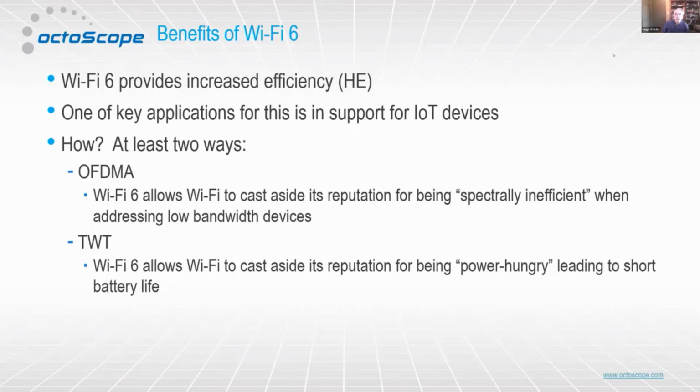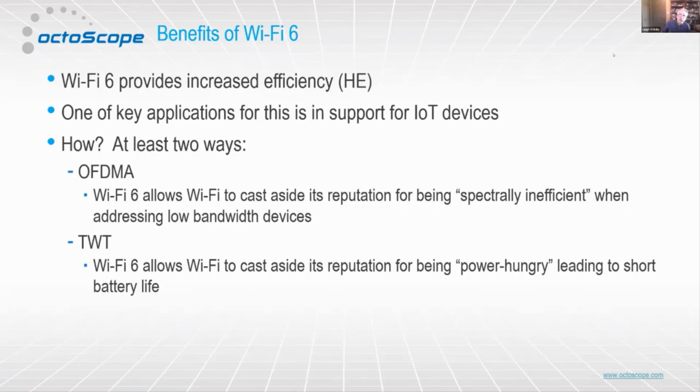And one of the applications for this, among others, and it's not the only one, but the one we want to focus on today, is IoT. Support for IoT. So the question is, what did Wi-Fi 6 add to Wi-Fi to make it more appropriate for the IoT? Well, there's at least two things.